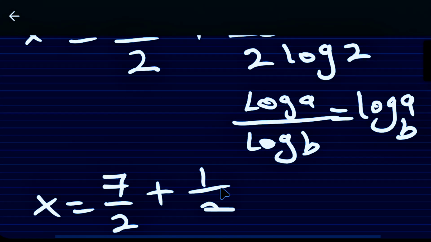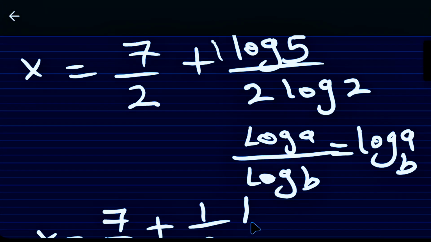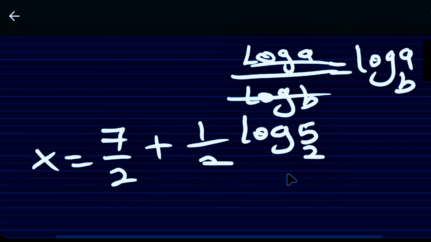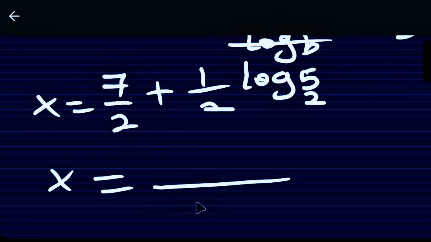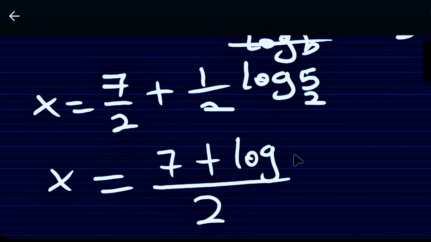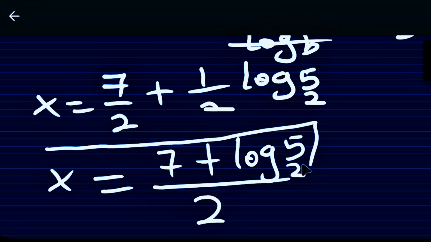So we'll have 1 divided by 2, then log 5 base 2. Okay, we applied this rule here. So from here we are going to have x equals, since we have a common denominator here, we'll just pick the 2 and add the numerators. So we'll have 7 plus log 5 base 2, all divided by 2.